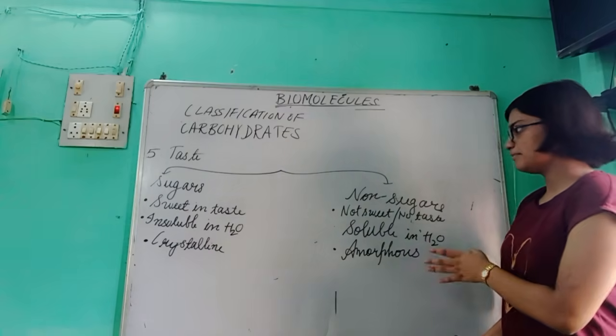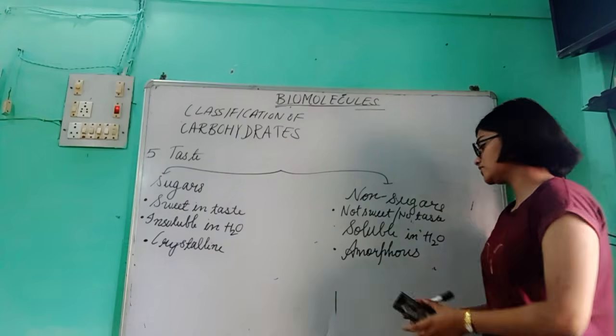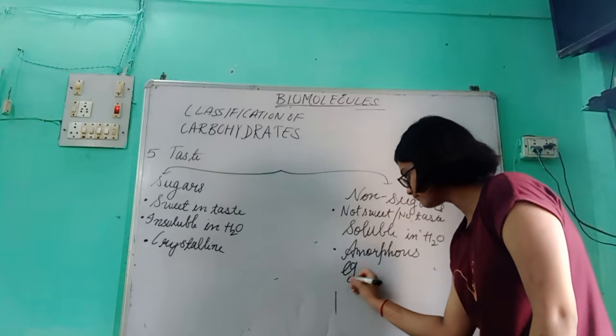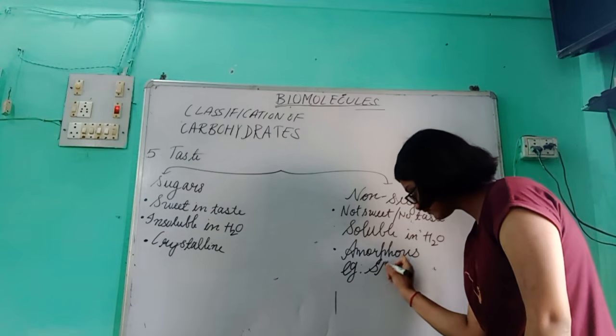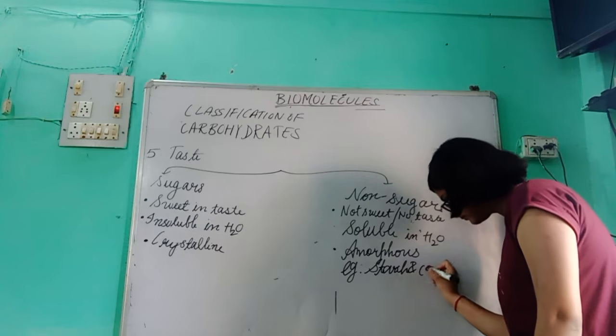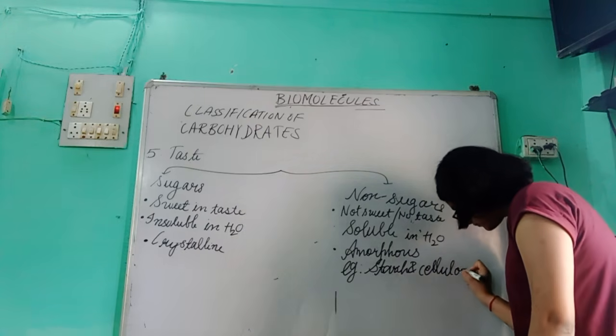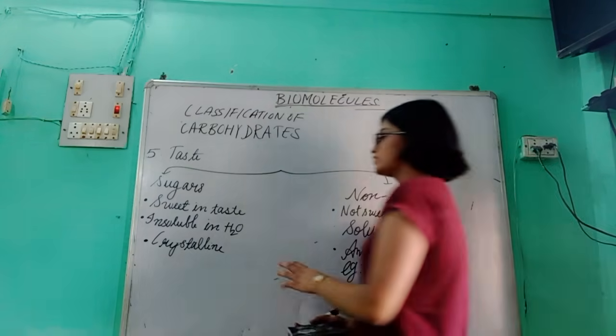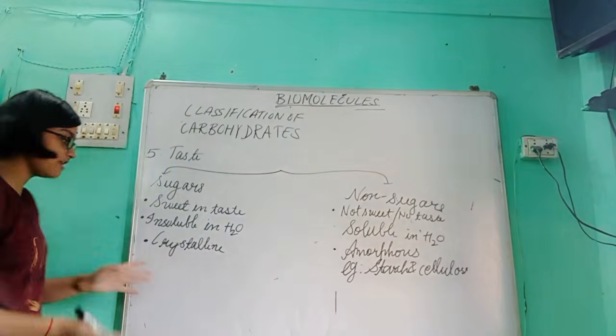Let's give some examples also. For non-sugars, we have starch and cellulose, and for sugars, we have glucose and fructose.